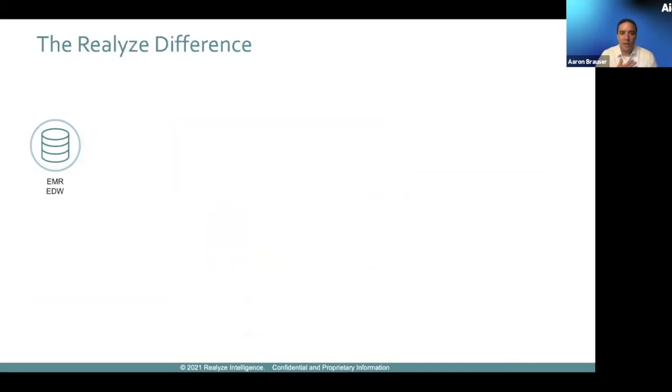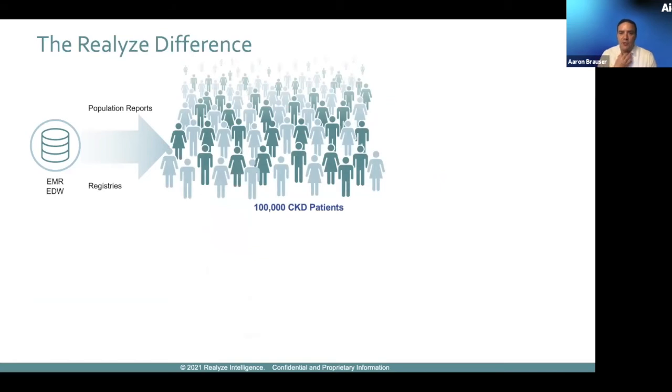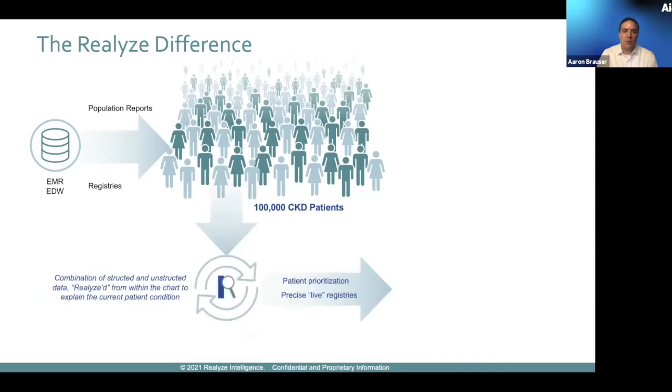So what we do at Realyze is we start with that same type of population. In this example, I'll use a chronic kidney disease population. If you have 100,000 chronic kidney disease patients, we take those patients and review all of their clinical charts, the narrative description of what's going on. Then, based on that, we use natural language processing and machine learning to interpret all of those complexities.